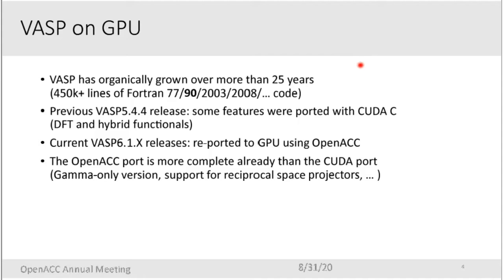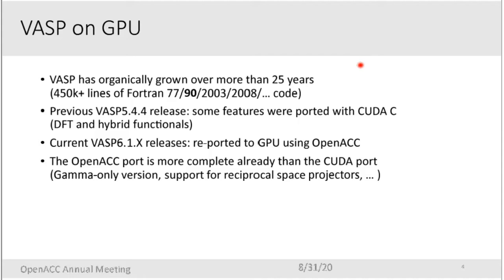The previous releases of VASP, the last one being VASP 5.4.4, contained a CUDA port to GPU, a CUDA-C port. We were not so happy with that in terms of maintainability and extendability. So we decided to port everything again using OpenACC.